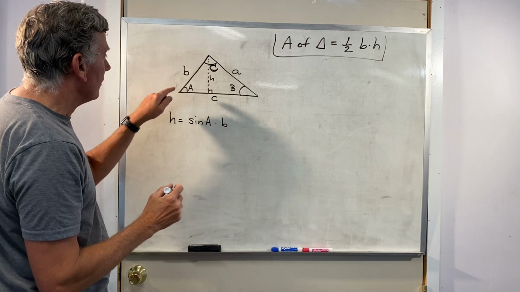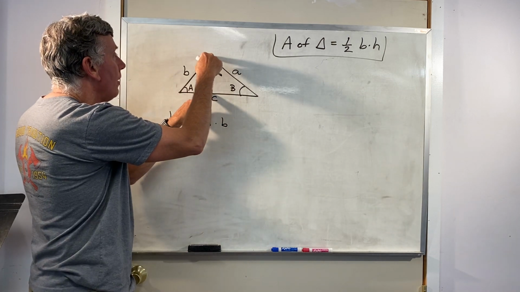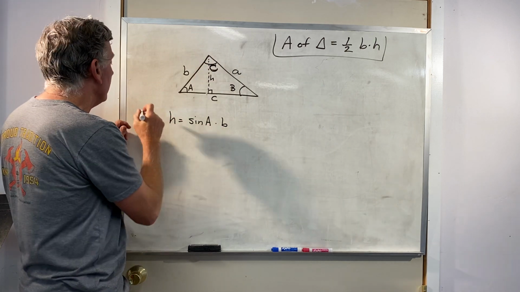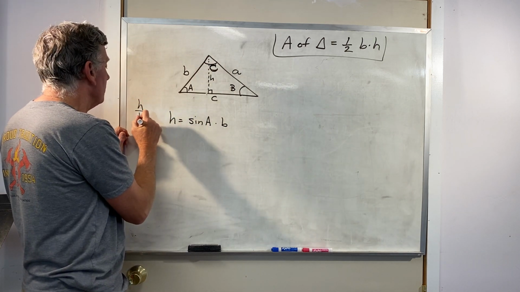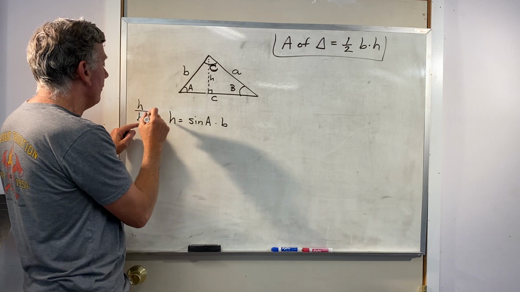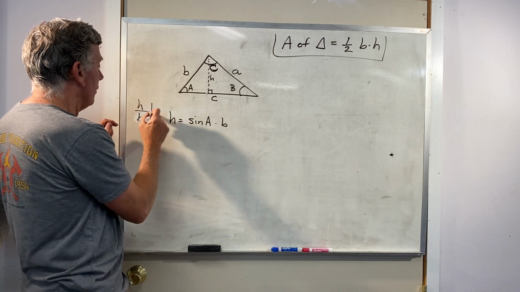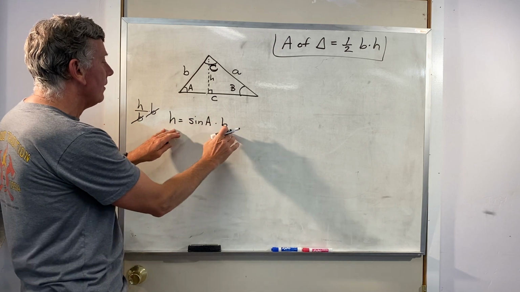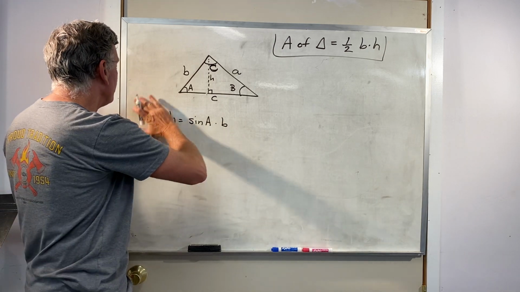You'll recall that the sine of A is equal to the opposite over the hypotenuse. If my sine is h over b, if I multiply times b, those are going to cancel and I'm going to be left with h. So I get this relationship right here.